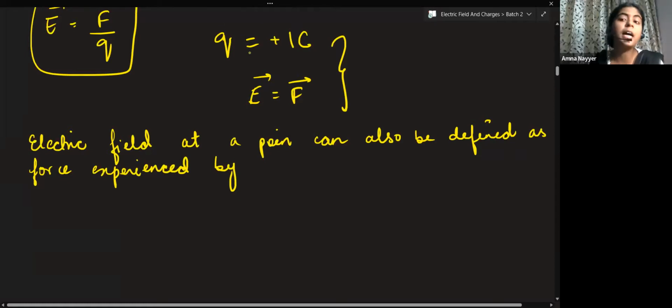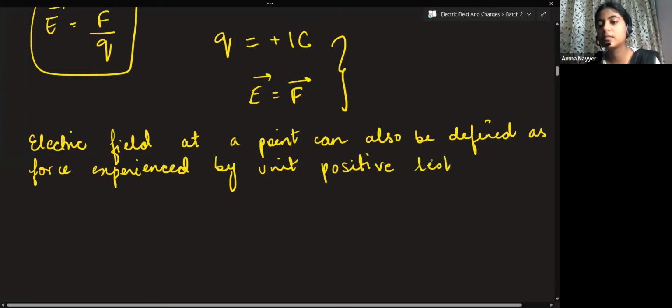By this. Unless and until this condition is specified, only then this is applicable. So force experienced by unit positive test charge. Unit positive test charge. Is this clear now?